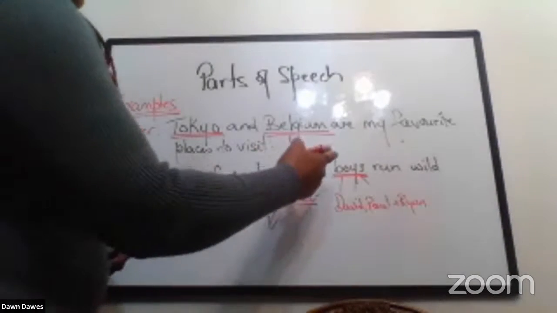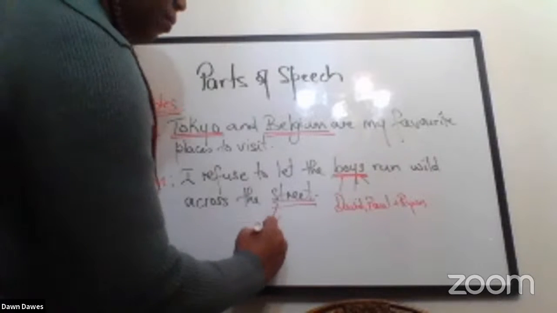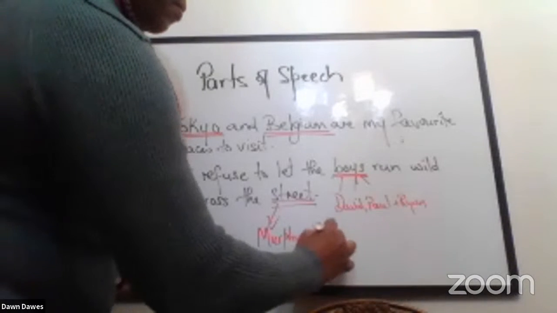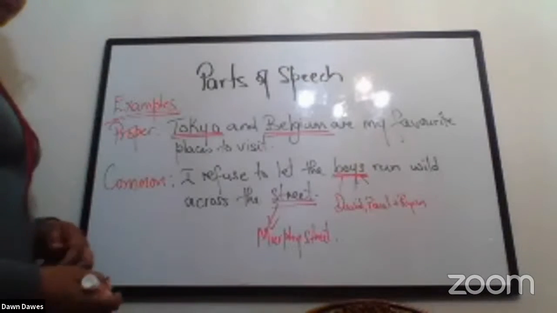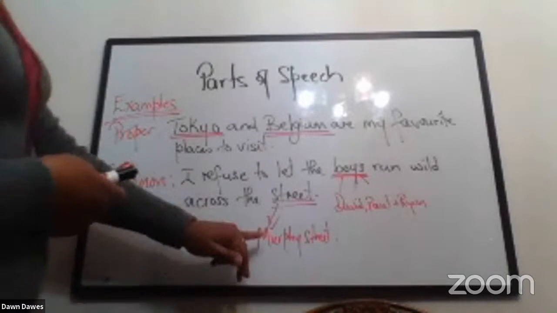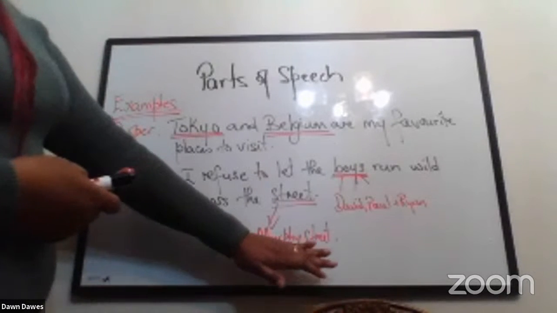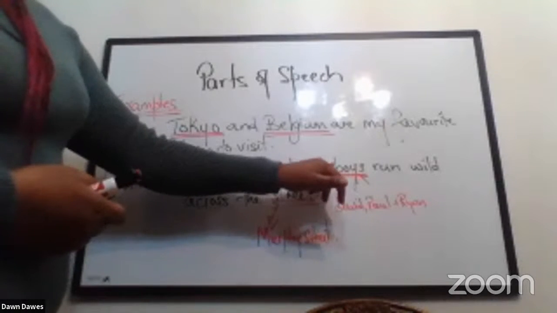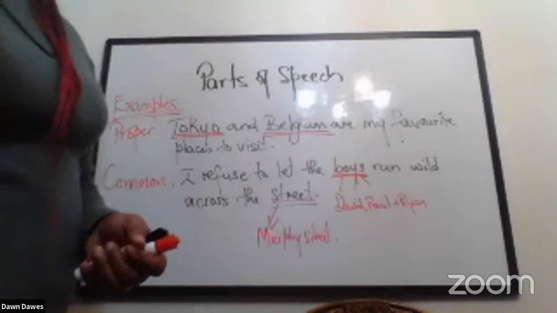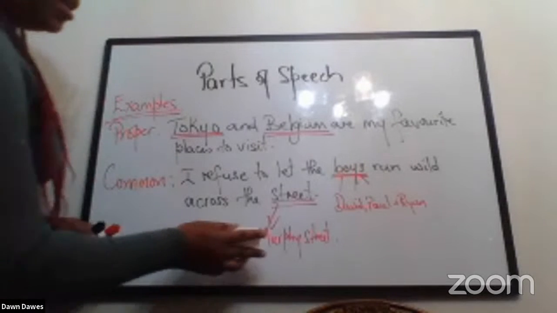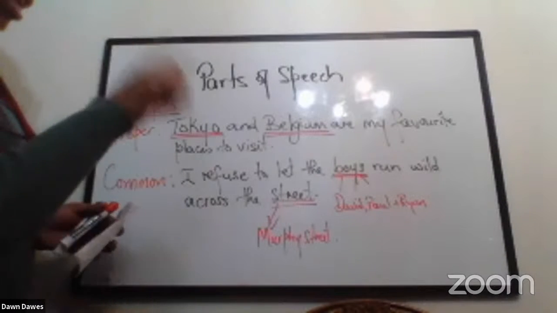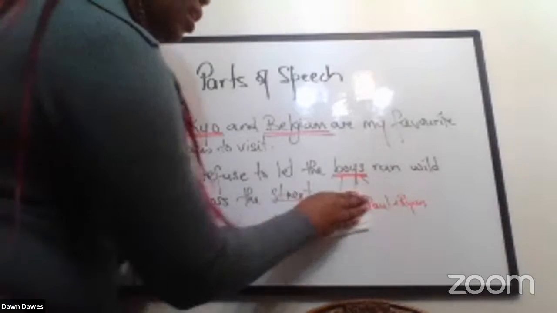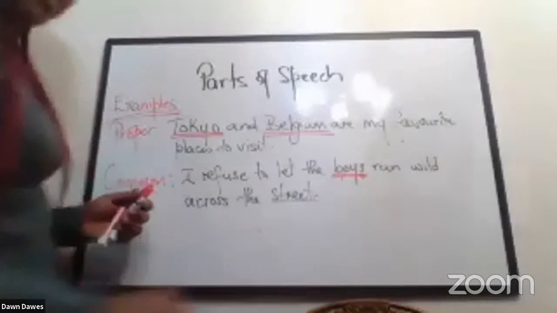I refuse to let the boys run wild across Murphy Street. See there? So this right here would have been the proper noun, but these are the common nouns. Okay? And there was something else. Oh no, that's pronoun. We're not going into pronouns today. Oh, I almost delved deeper into that.